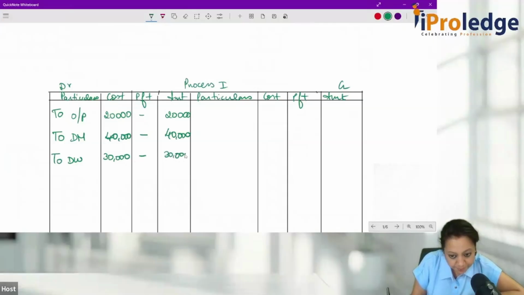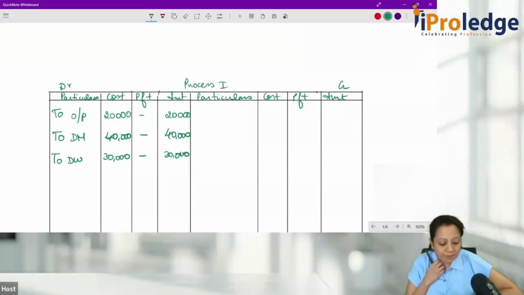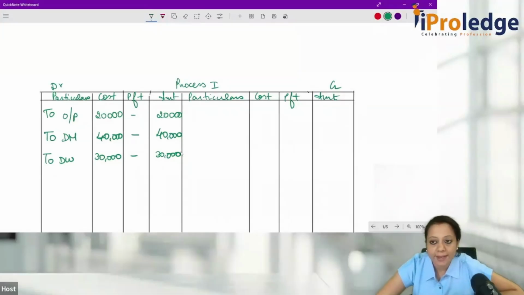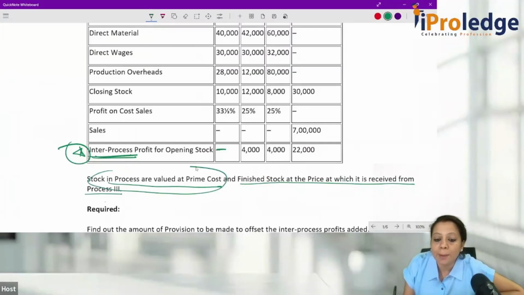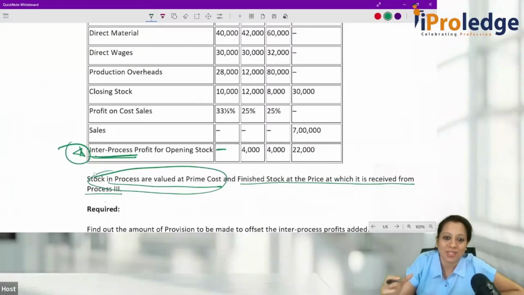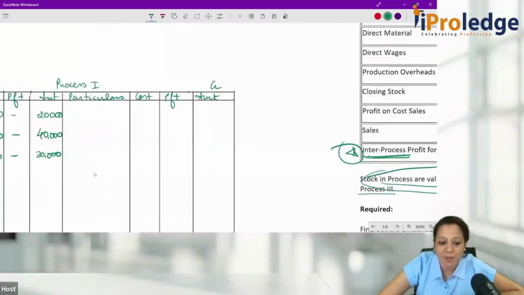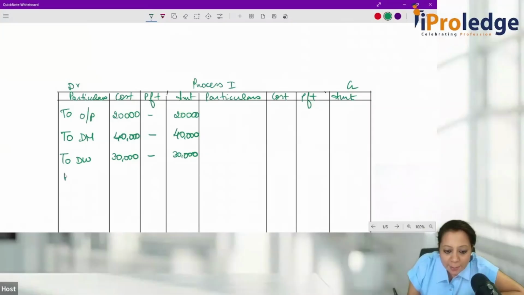Now, usually I would write production overheads next, but I have to stop. Why? Because they have said stock in process is valued at prime cost. So I need the prime cost. That is why I am going to stop at this point. So I will write prime cost.